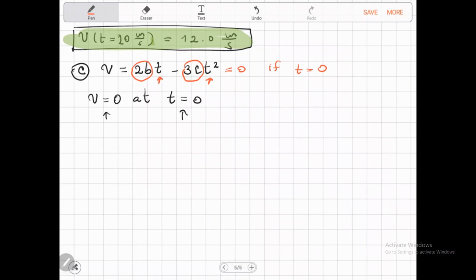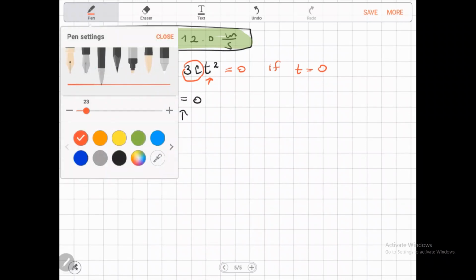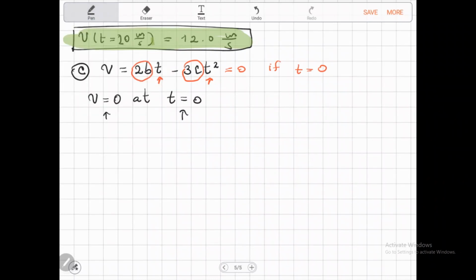So in this case we have v equal to 2bt minus 3ct squared, right? When v is 0, we have this equation like this: 2bt minus 3ct squared equal to 0.